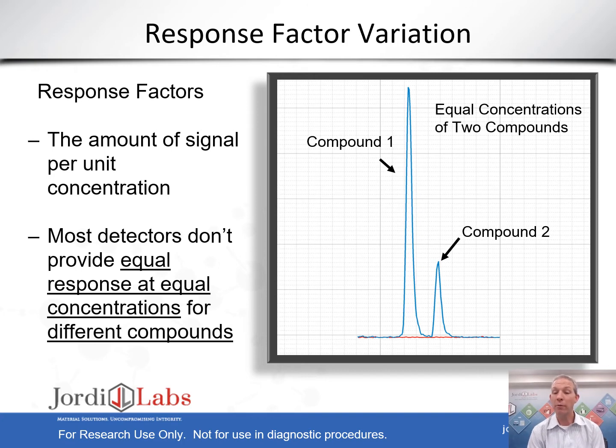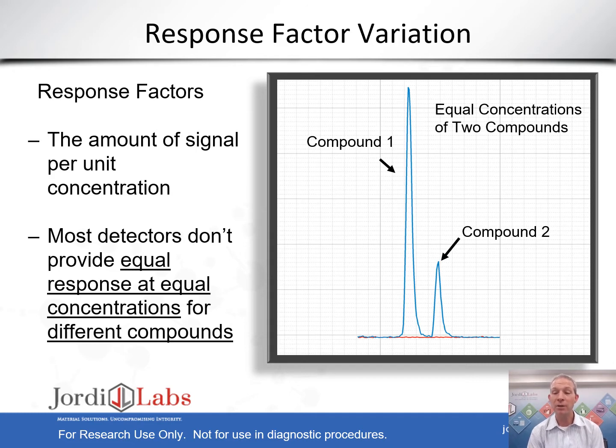Now, when we talk about response factors, I want to start by describing what we mean. The response factor is the signal per unit concentration that you get for an individual compound. Here in the figure on the screen, we have two different compounds present at the same concentration. But you'll notice that their peak areas are not the same.